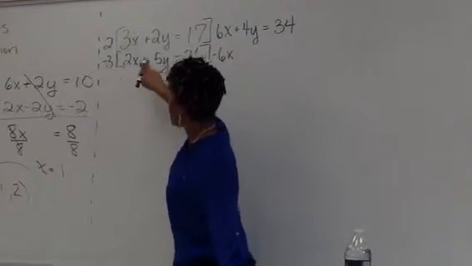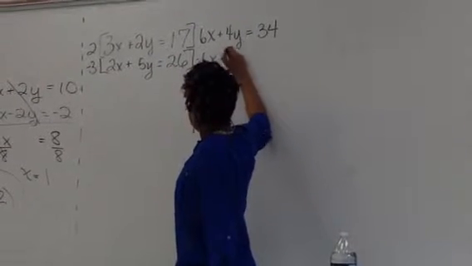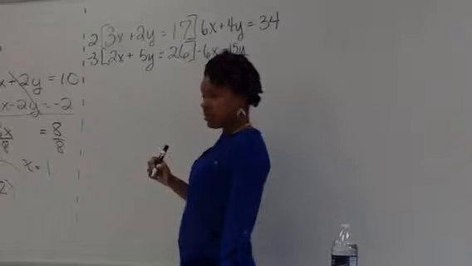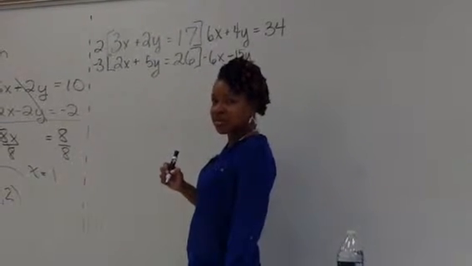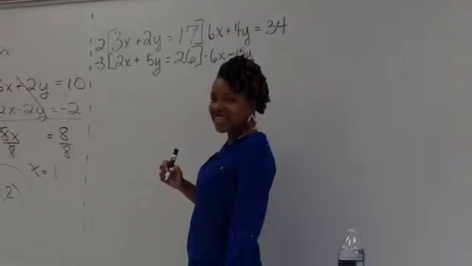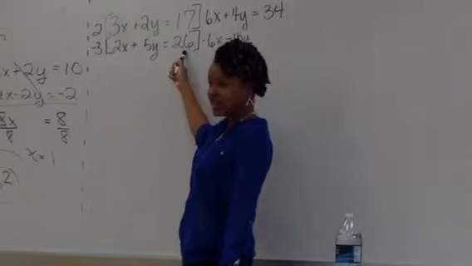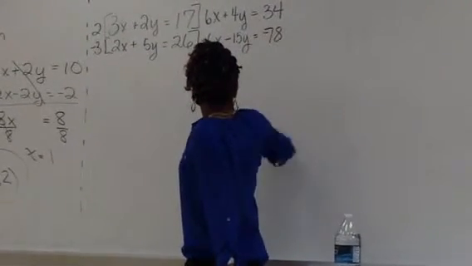Negative 3 times positive 5y is minus 15y. Make sense so far? Okay. Negative 3 times 26. Negative 78.